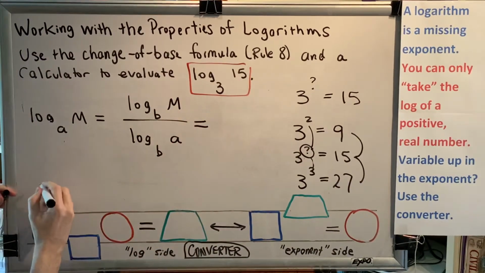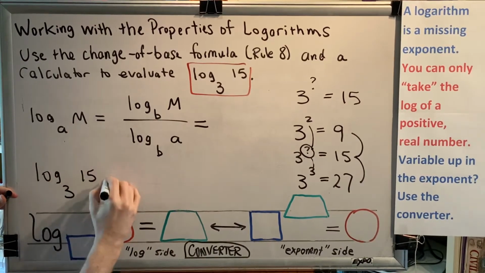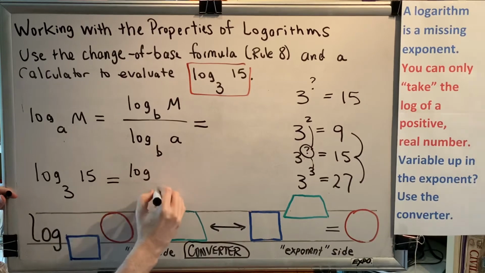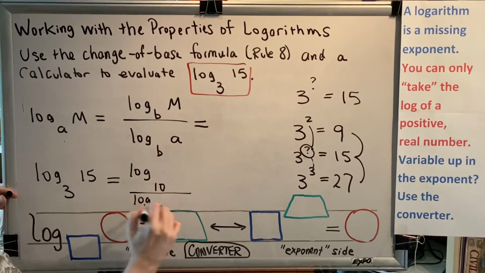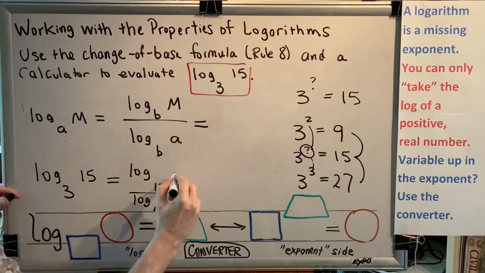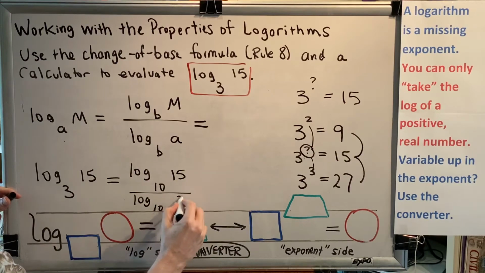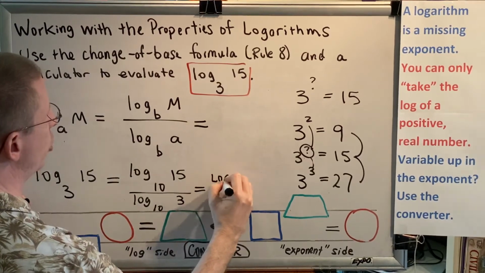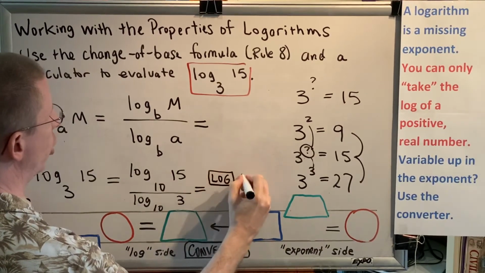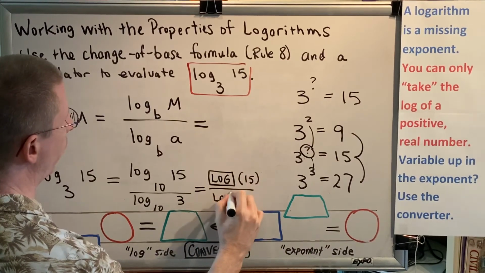That means that we can rewrite log base 3 of 15 as log base 10 over log base 10, and our 2 numbers become our 2 arguments. So the top is log base 10 of 15, and the bottom would be log base 10 of 3. Of course, when you're using a calculator, you don't have to write the 10. The 10 just tells you that you should be using the button that says log. So we want the log of 15 divided by the log of 3.